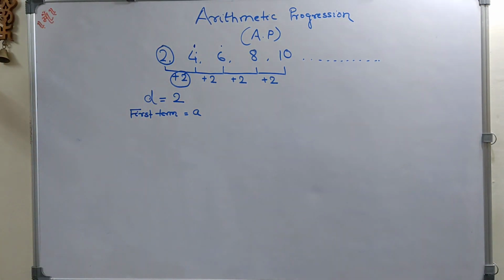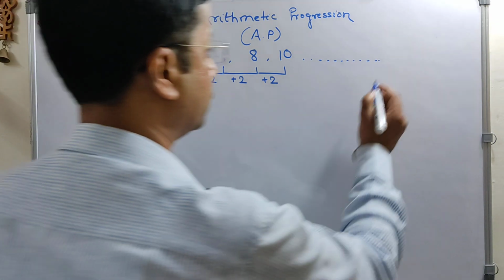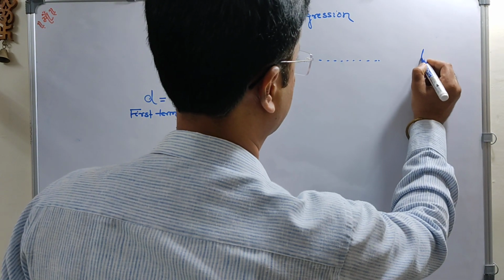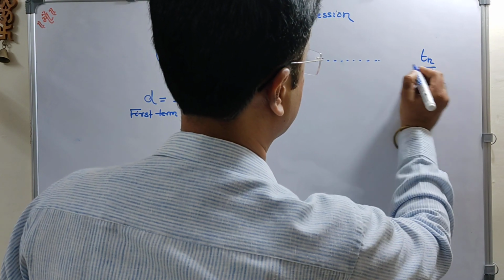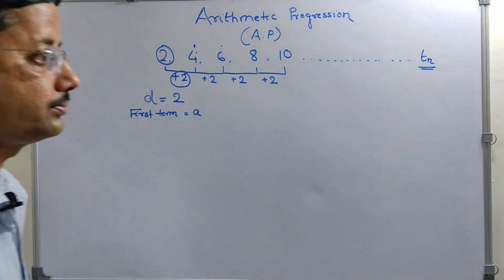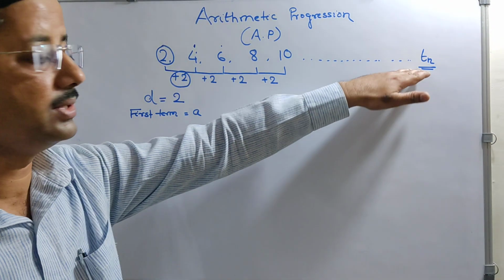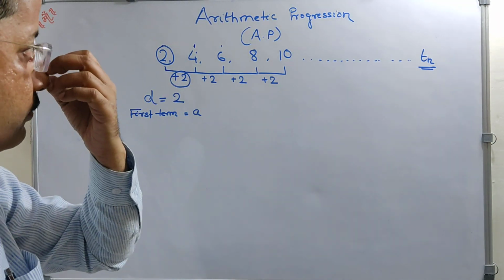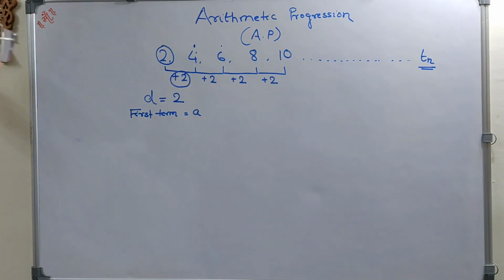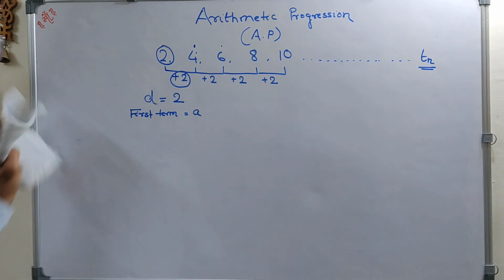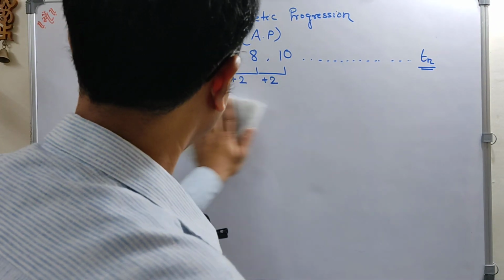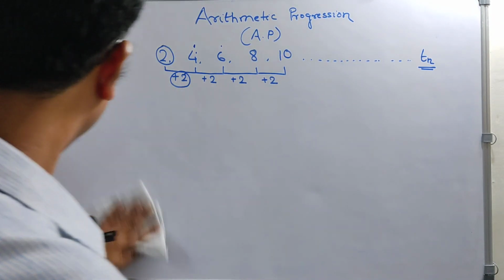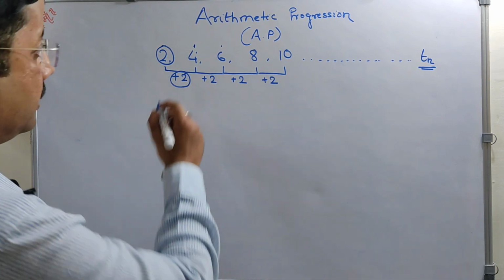So for finding the formula, suppose this is till the nth term; we write here Tn, the last term. Tn can be any term, and we have to find the nth term. Now we are going to obtain the formula for these arithmetic progressions.